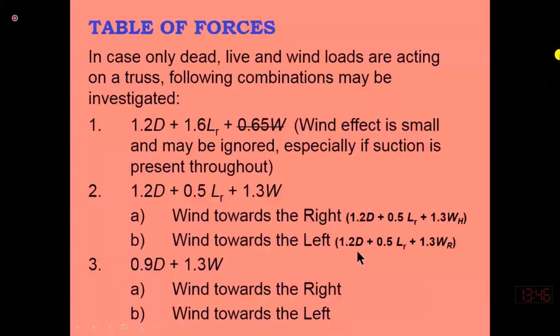Here this will be the gravity load. It means that for this case I have to use unit gravity analysis. But here, to compute this component, I have to consider the wind load analysis when the wind is blowing from the hinge side. And in this combination, I have to use the wind load analysis when wind is blowing from the roller side, or on the right side. So similarly, we will have this load combination.